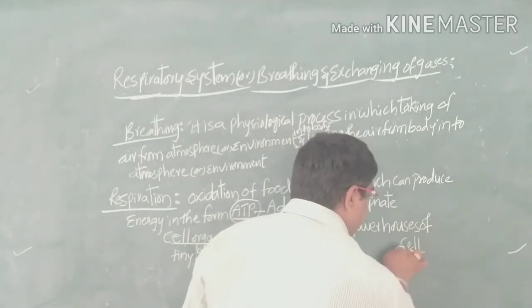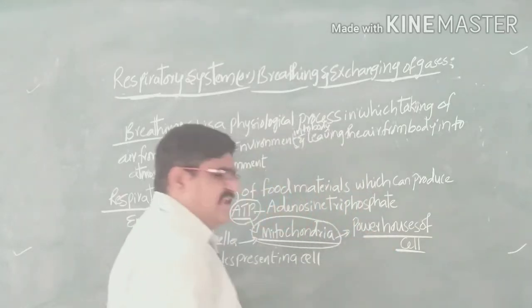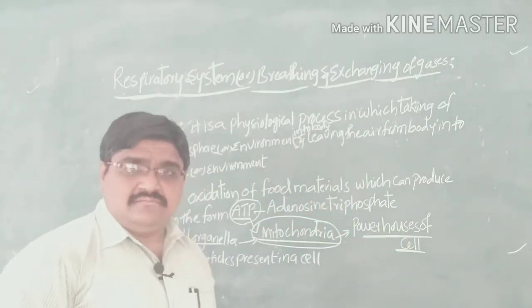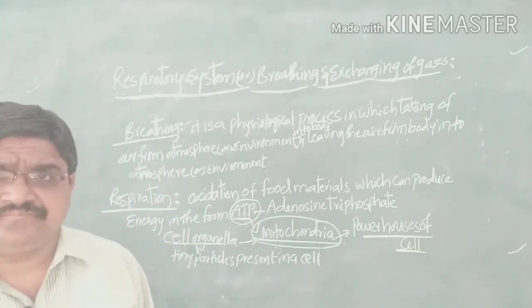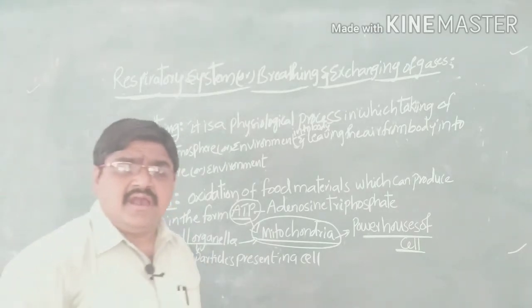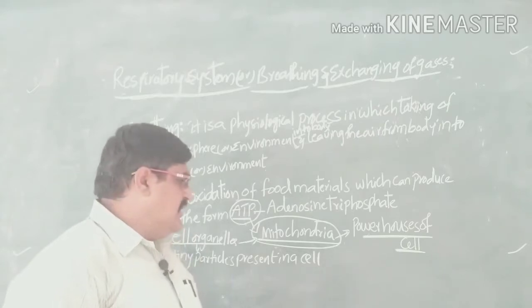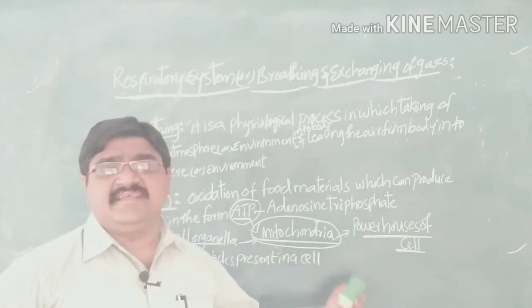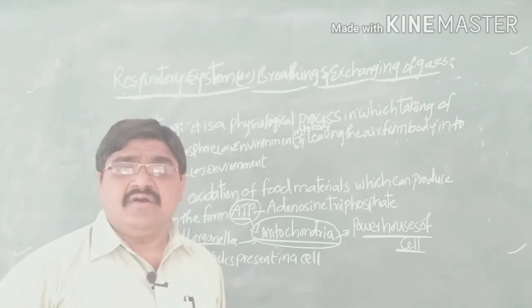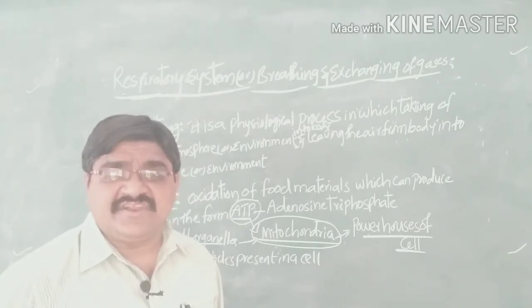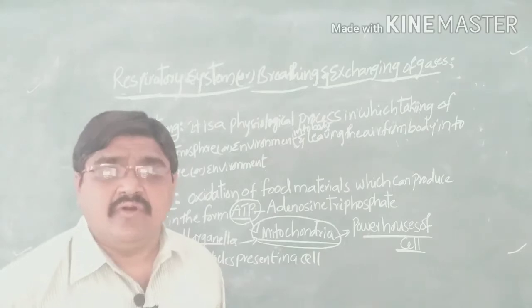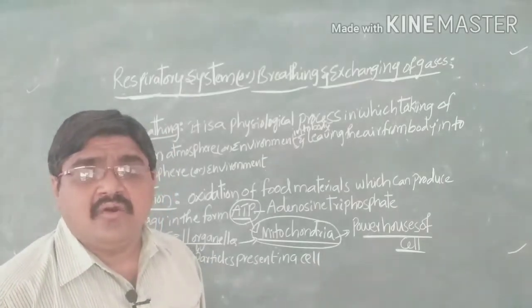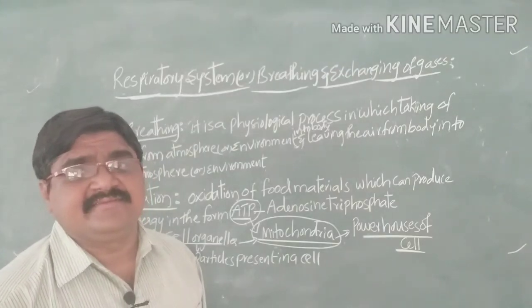That means the power is supplied to the cell only through the mitochondria. They generate the energy for the body, so the mitochondria are called the powerhouses of the cells.